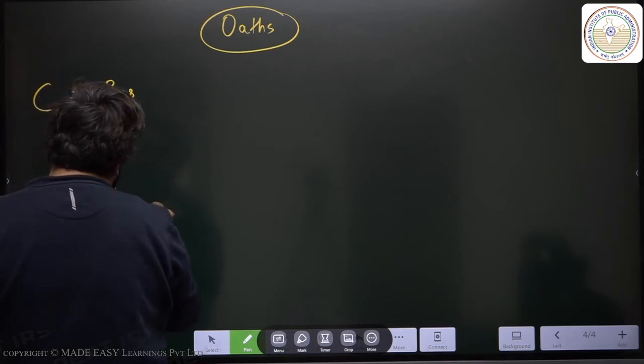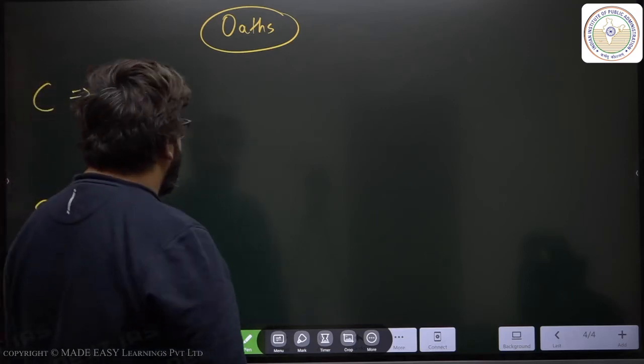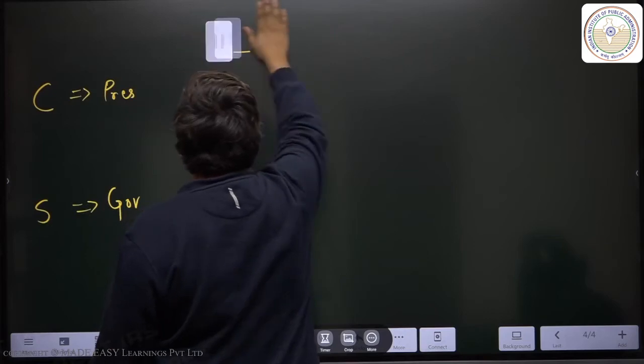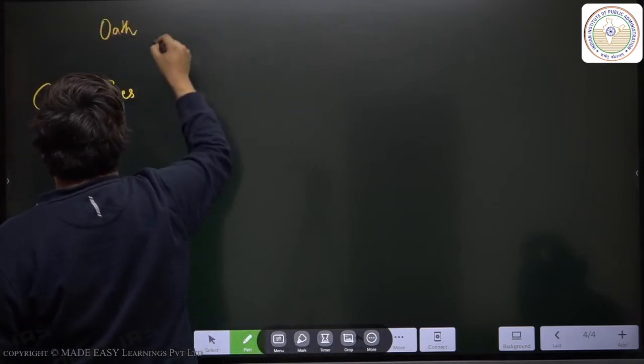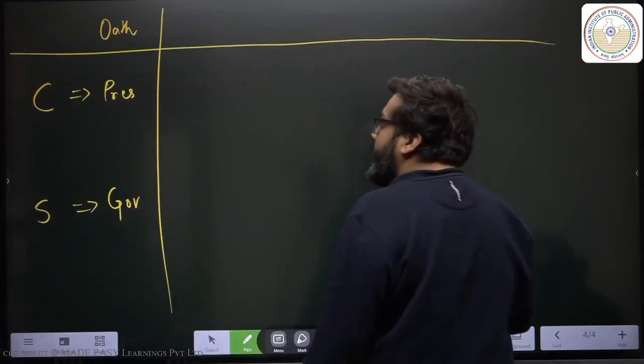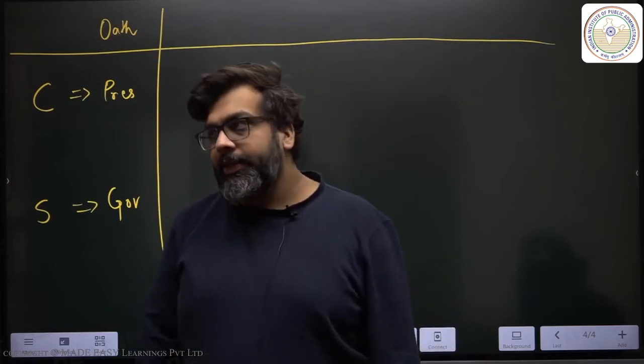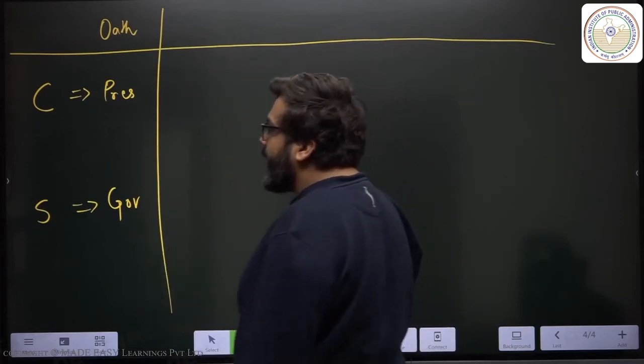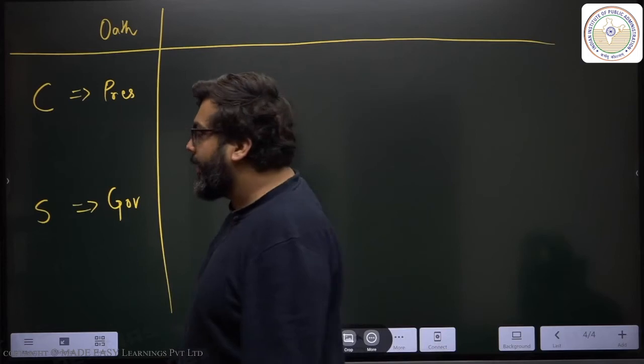The oaths for the state ministers are given by the governor. Okay. Oaths are given by the center as far as the president is concerned, and state as far as the governor is concerned. Now, let's understand this as clearly as we can.